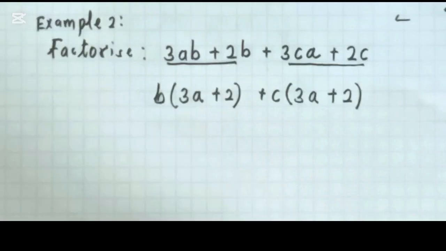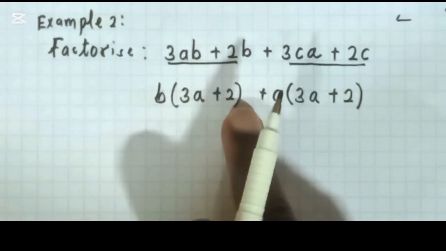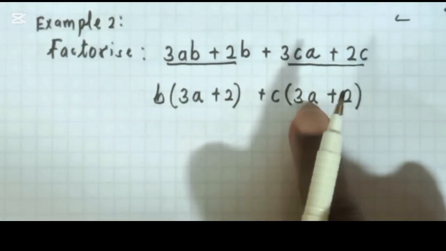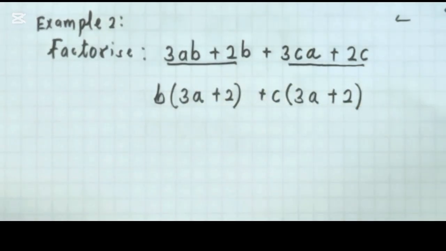Good. Now, I want you to note that the terms we have within the brackets are actually identical. 3a plus 2 is identical to 3a plus 2. And therefore, that already satisfies our requirement for us to go ahead and factorize this particular expression by grouping.